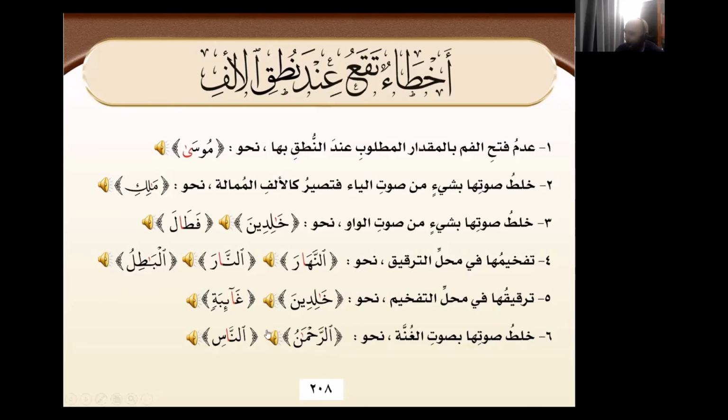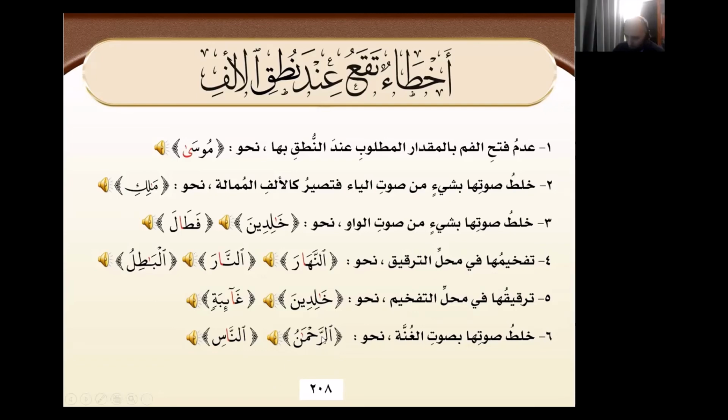The fifth one we saw last week also. It says ترقيقها في محل التفخيم, meaning that we make it light instead of emphatic. For example, let's hear this one: خالدين, غائبة.